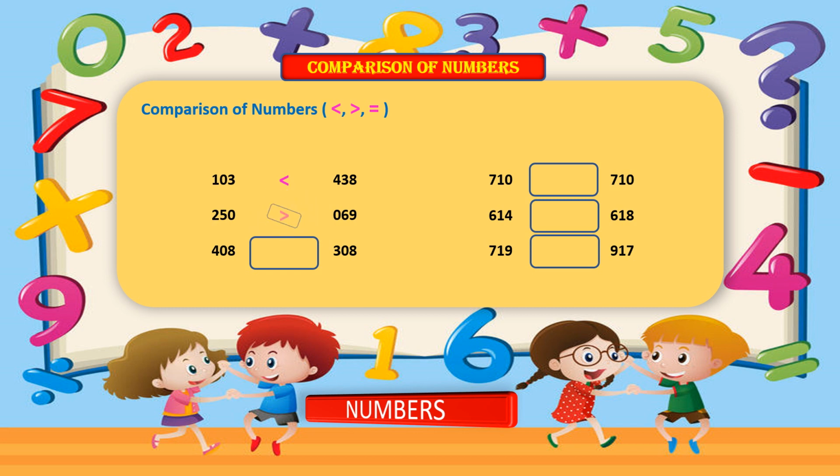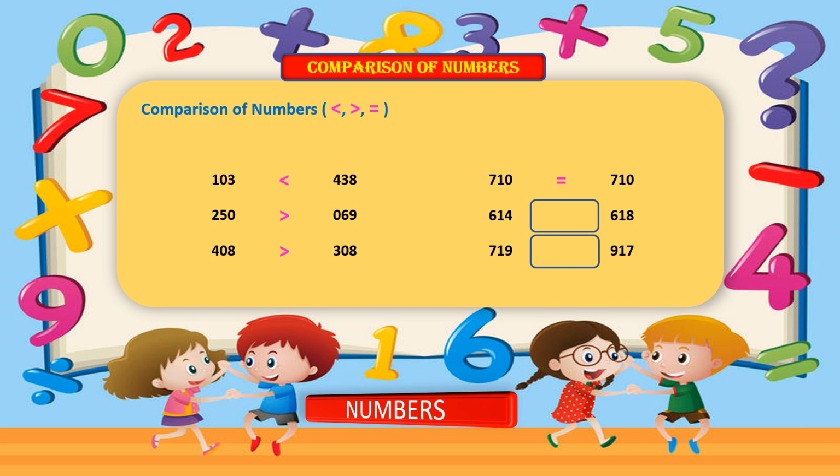The answer is 250 is greater than 69. Compare the numbers 408 and 308. The answer is 408 is greater than 308. Compare the numbers 710 and 710. The answer is 710 equal to 710.